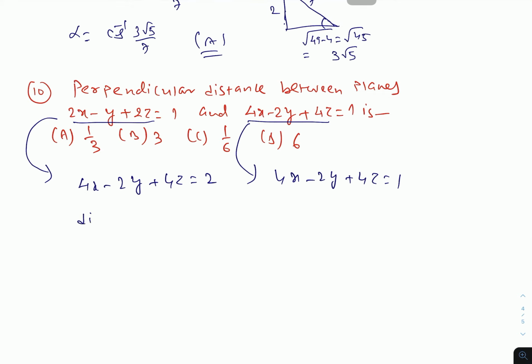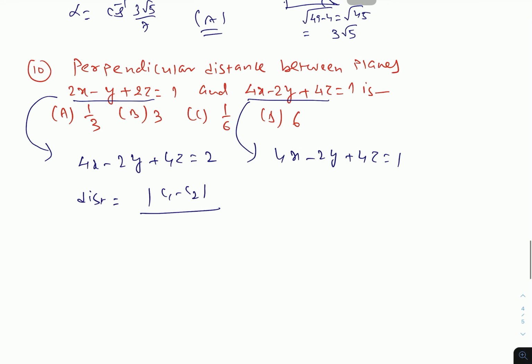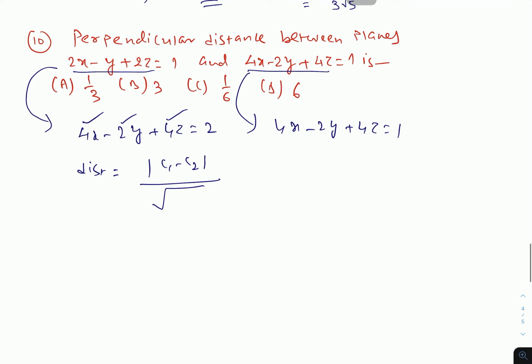So we know the perpendicular distance is modulus of d1 minus d2 upon the magnitude of the normal vector. So this is equal to modulus 2 minus 1 over root of 16, 4 and 16. So it is 1 over 6. So answer is 1 by 6, option C. Thank you.